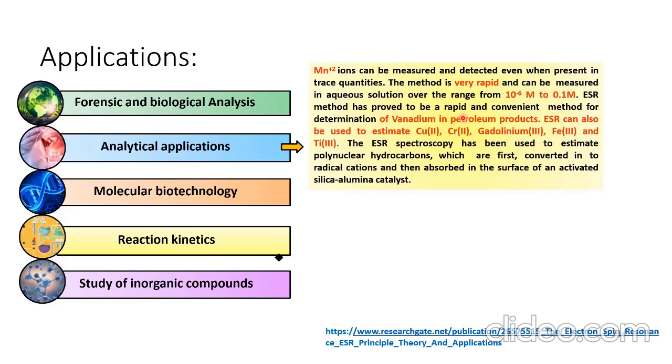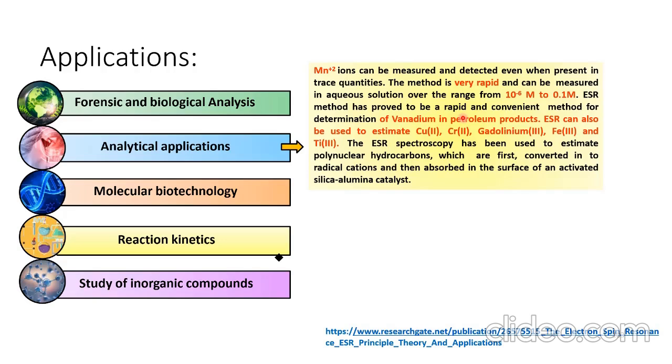And ESR can provide a very rapid and convenient method for determination of vanadium in petroleum products. ESR can also be used to estimate copper, chromium, gadolinium, iron, titanium, and other metals.